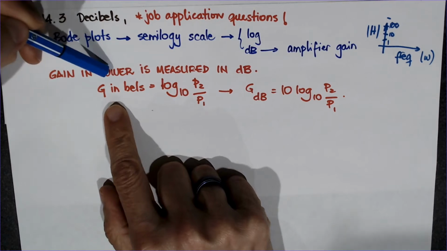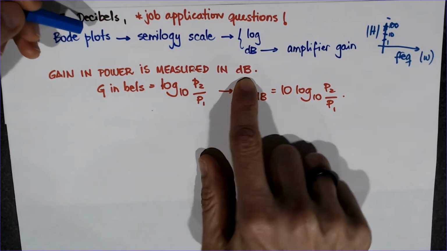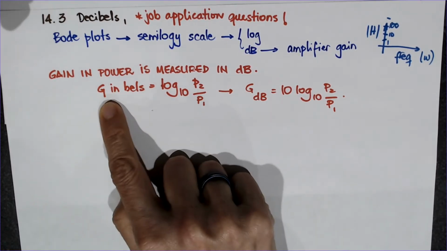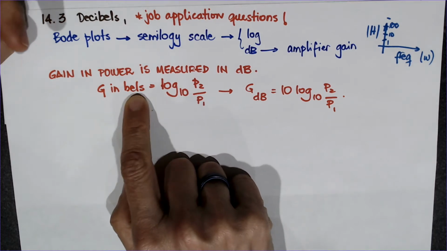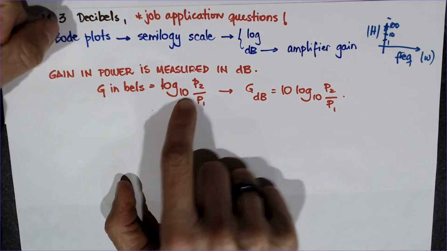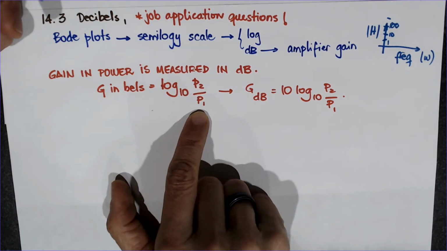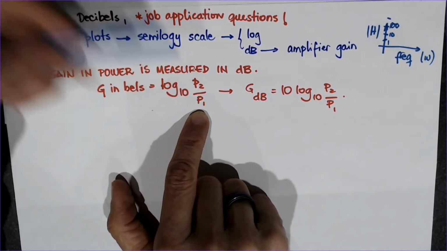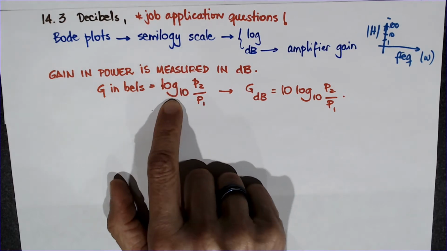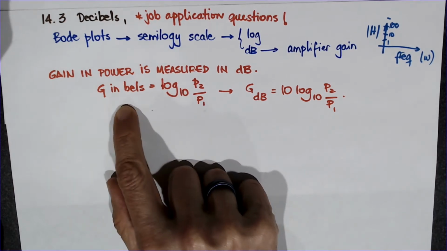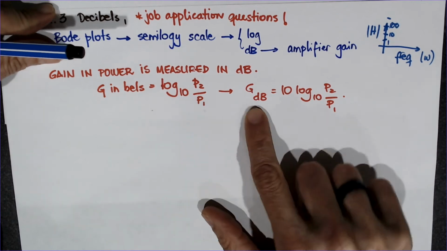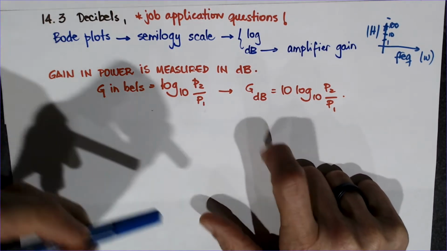The gain in power is measured usually in decibels, but the original definition of gain was in bels, and it was log 10 of the output power over the input power. But really you can be comparing two powers, P2 over P1. Then you take the log base 10 of that, and you get the gain in bels. Much, much more common is the decibel.